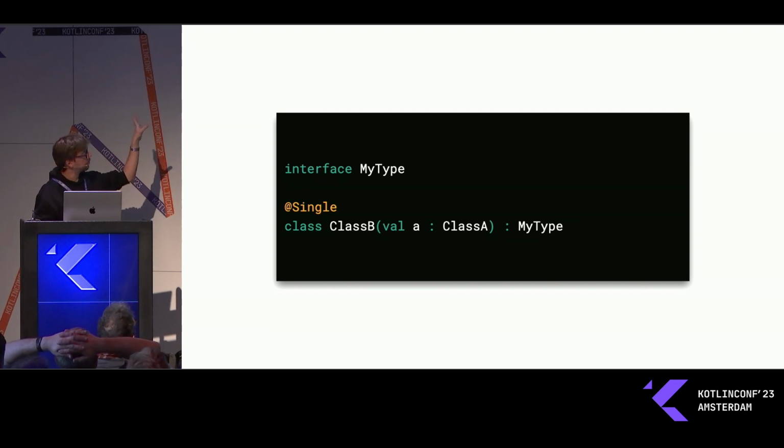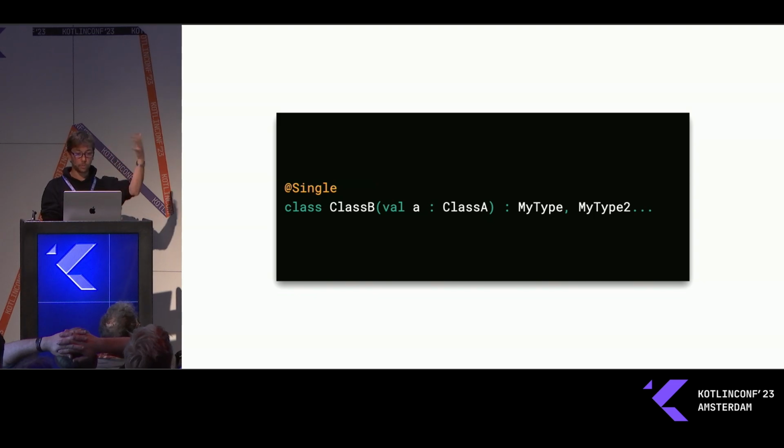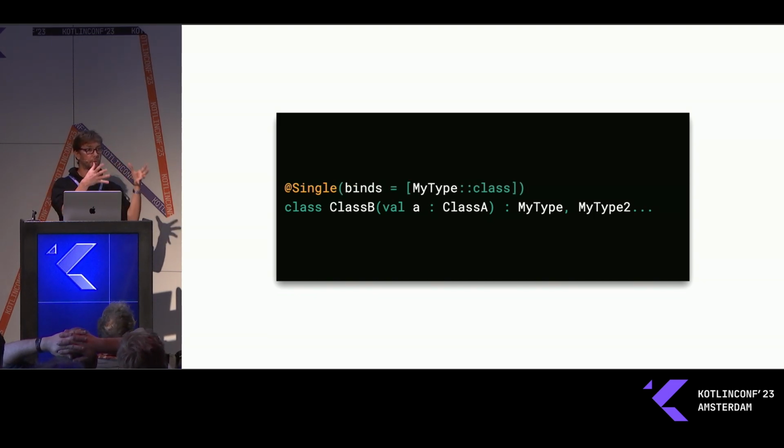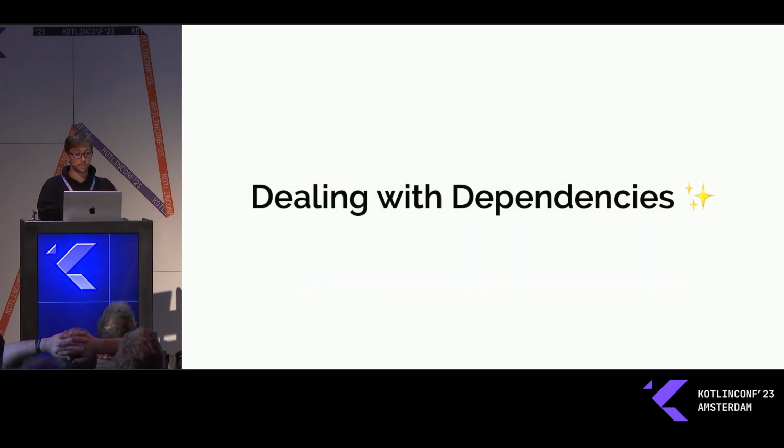And you see that in terms of parameters, we don't have to specify anything. We know that your constructor will need something from Koin, and then we try to inject things. If you have too many types, then you can specify if you really want to optimize your binding and expose your configuration for one type. You can go for the binds parameter that allows you to do this, but you don't need to. It's really if you want to optimize your stuff.